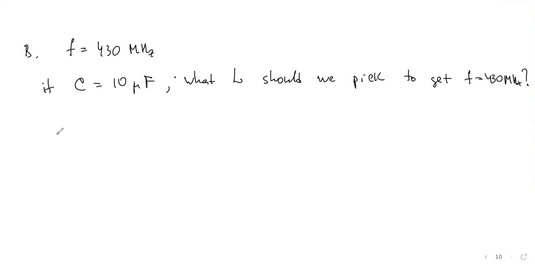Let's do this. It's relatively fast. The frequency equals 1 over 2 pi square root of LC. And I'm looking for what? For the inductance, yeah? What would be the equation? (2 pi f) squared is 1 over LC.